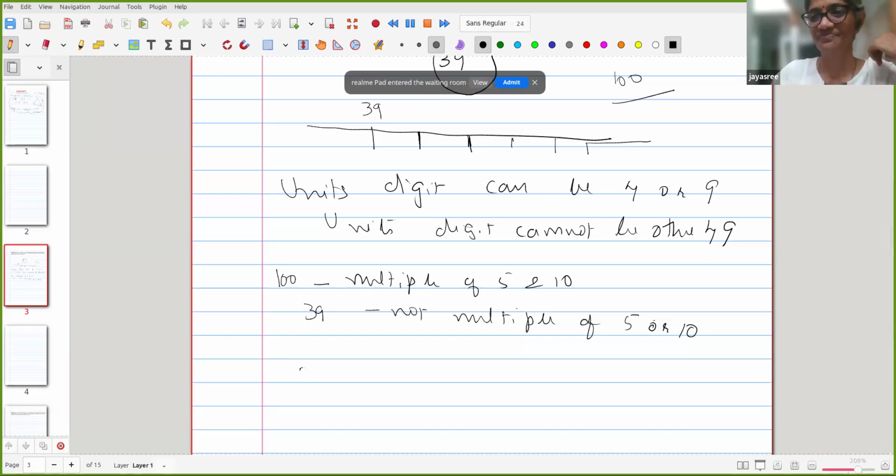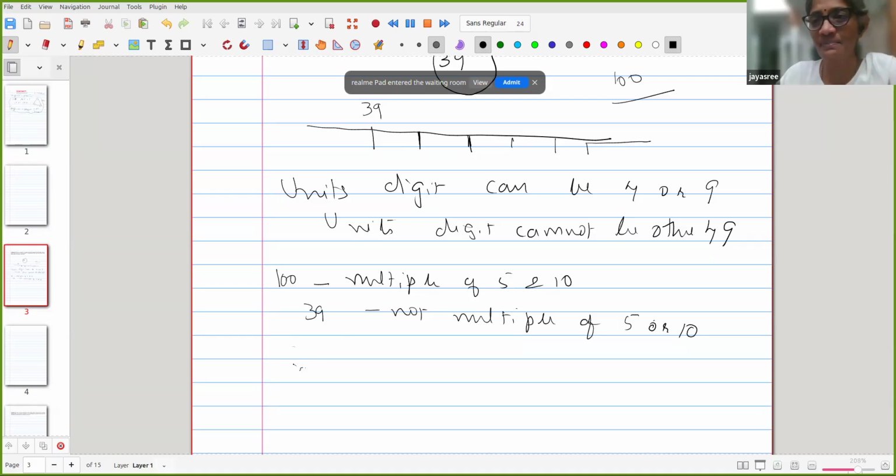So 100 is a multiple of 5, and you will be adding multiples of 5 to 39. Negative numbers are also multiples of 5. That's what you get by subtracting 10. So you will never be getting a multiple of 5 if you add another multiple of 5 to something that's not a multiple of 5.